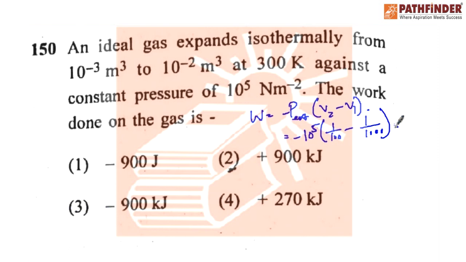It will come minus 10 to the power 5 into 9 by 10 to the power 3. So the answer will be minus 900 joule. Option 1 is our correct option. Let's move on to the next question, students.